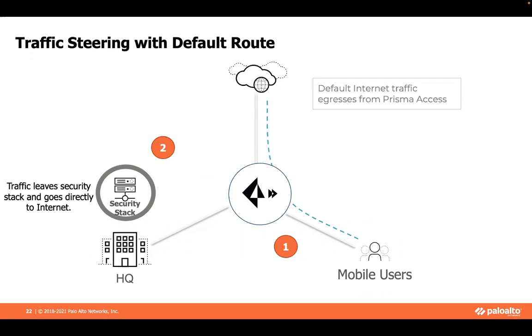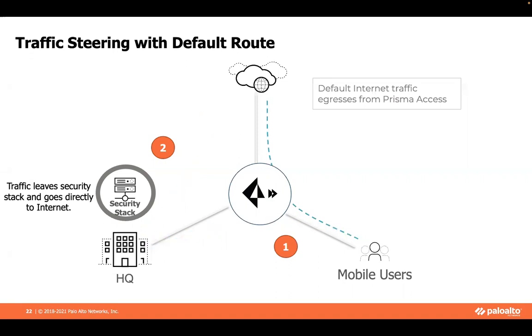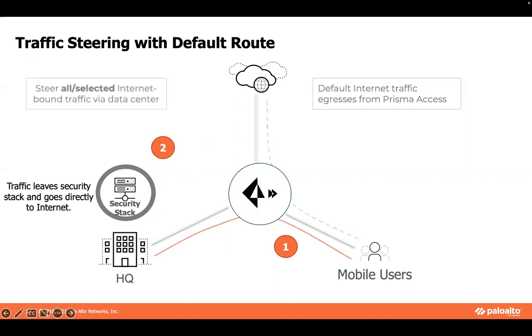Perhaps you want to force that user to go through a security stack at a big data center, at headquarters, before it goes out, say to Office 365 or something like that. We can change that default behavior by using traffic steering rules.